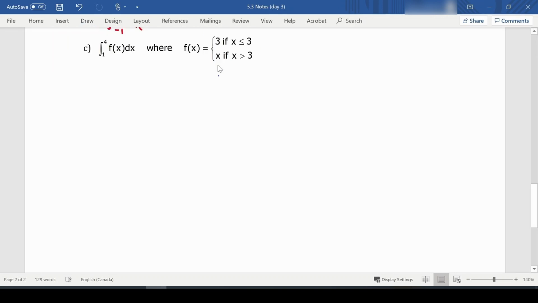So I'm evaluating from 1 to 4 f of x, this piecewise function. And notice how this piecewise function switches when x is 3. That is contained in my interval. I'm going from 1 to 4. The question is, is f of x continuous? And the point of contention would be when x is equal to 3.